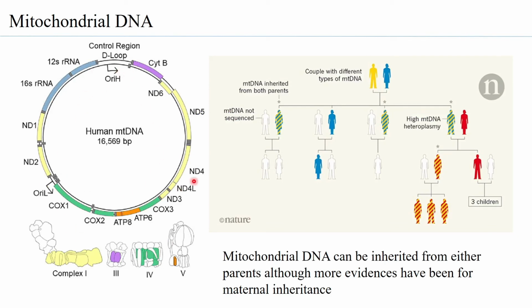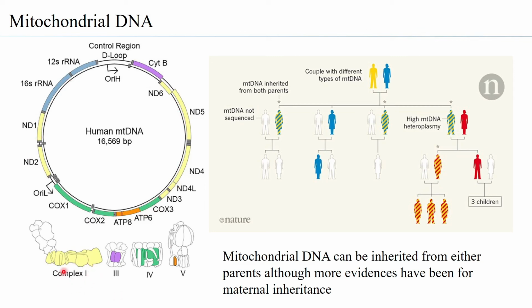Another important facet is that the mitochondria has its own DNA. Looking at the human mitochondrial DNA, as you can see, it is about 16 kb. And this 16 kb DNA has several structural genes which give rise to important proteins of the electron transport system.